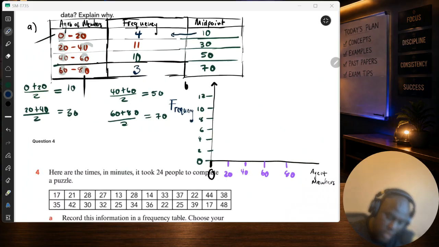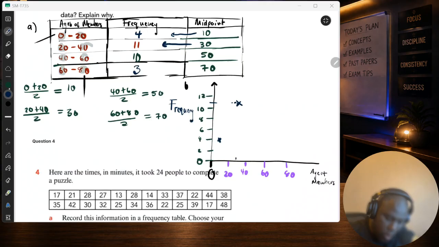So you look for 10 where it meets 4. That is where we are interested. Where 10 meets 4 is here. We put a star. Then next we want where 30 meets 11. 11 is somewhere here, then 30 is here. They'll meet here.